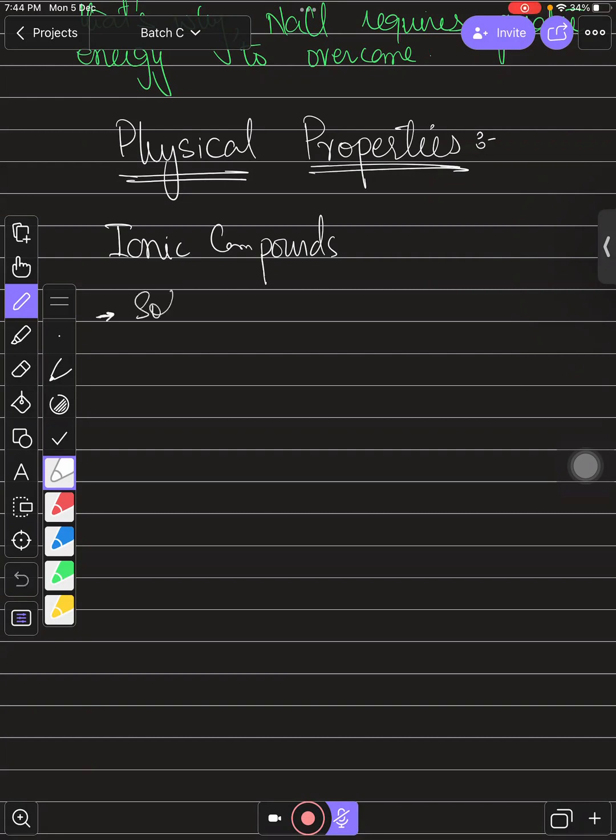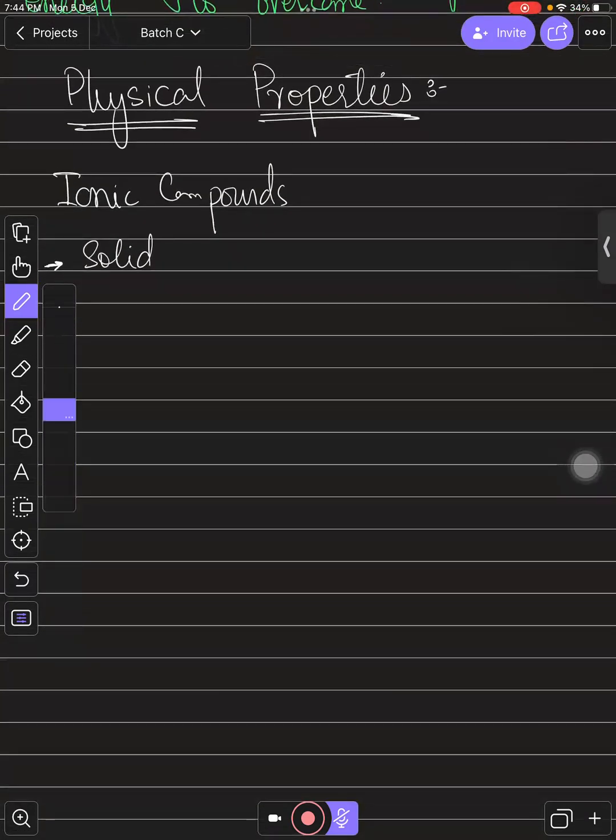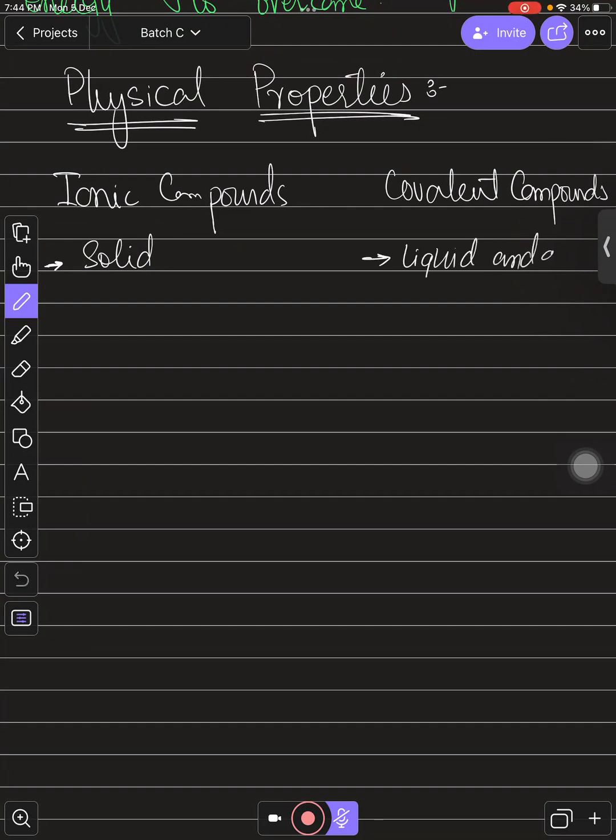Mostly ionic compounds are solid at room temperature and pressure, right? But whenever you talk about covalent compounds, children, they are generally liquids and gases. Even they can occur in solid state as well, but most of them are generally liquid and gases, right? Okay, sir.